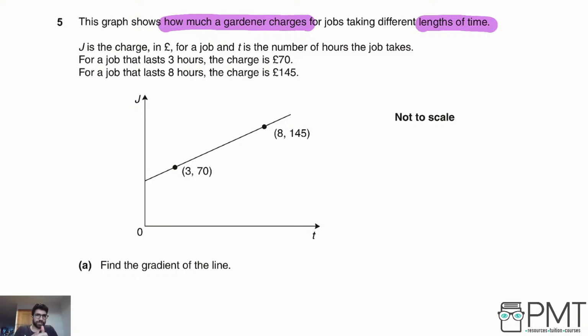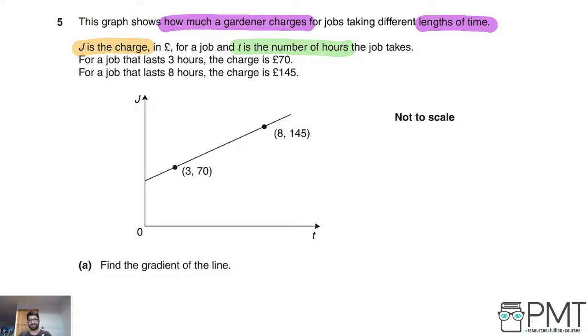Previously we were just given x's and y's, but now we need to think about what each variable actually represents. So J is the charge, and T is the number of hours.